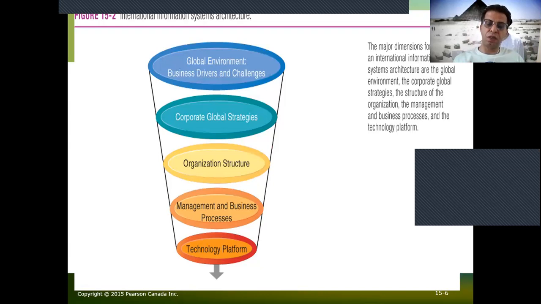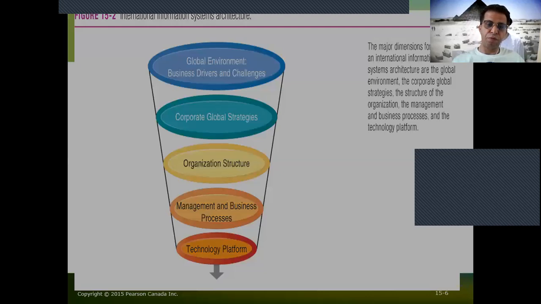Then we look at the organizational structures, and then the management and business processes accordingly. And we look at the technology platform.